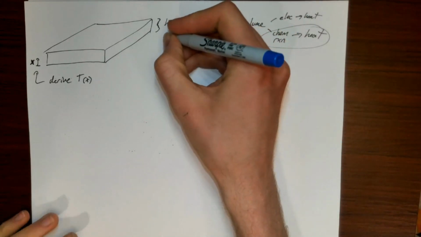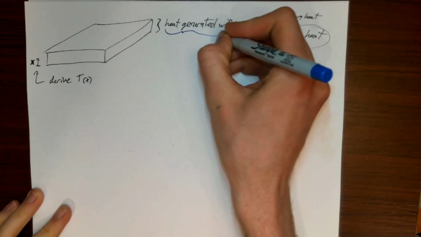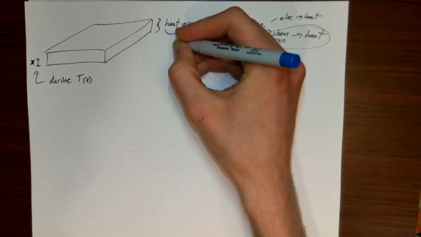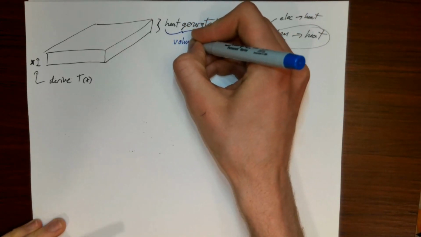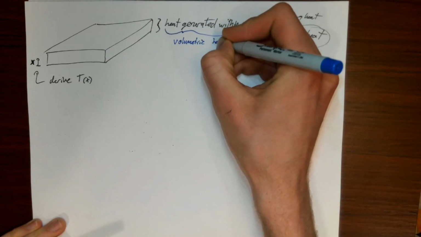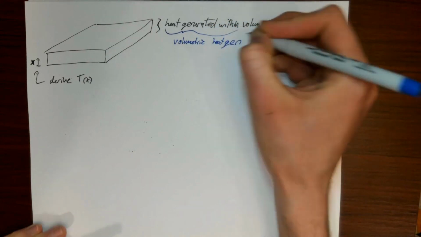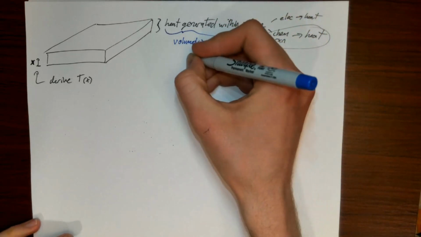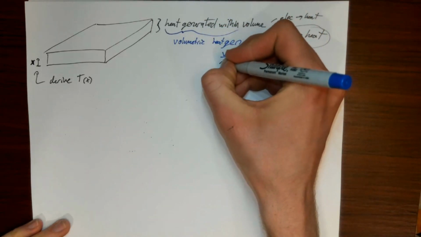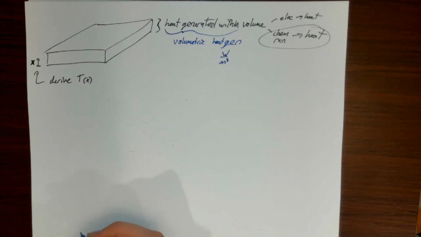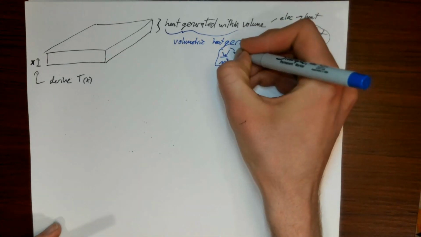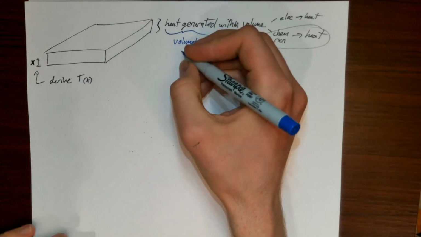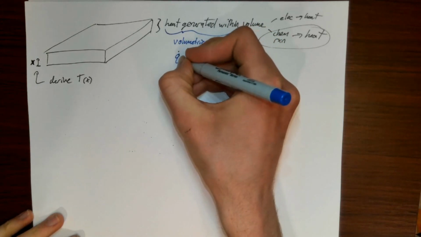So heat's being generated within the volume, and there's a volumetric heat generation term, which would have units of watts per cubic meter. And let's call this volumetric heat generation Q dot of the reaction.